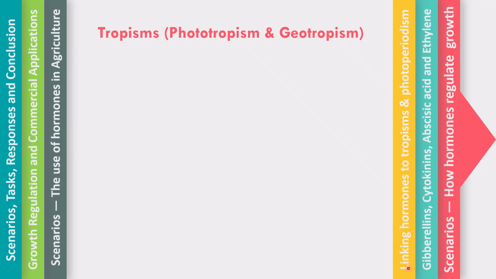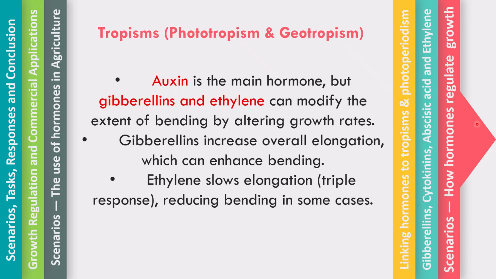Let us now try to link hormones to tropism and photoperiodism. We shall start with tropism, that is phototropism and geotropism. Auxin is the main hormone, but gibberellins and ethylene can modify the extent of bending by altering growth rates.